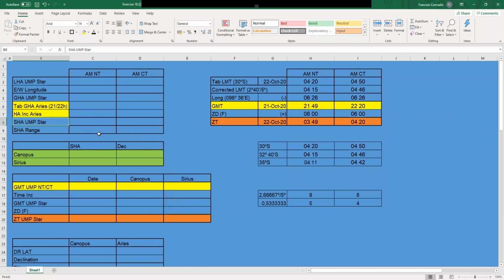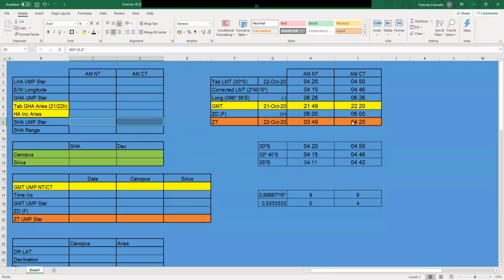That gives us an indication that any star between this SHA and this SHA will be at Upper Meridian Passage during that time.